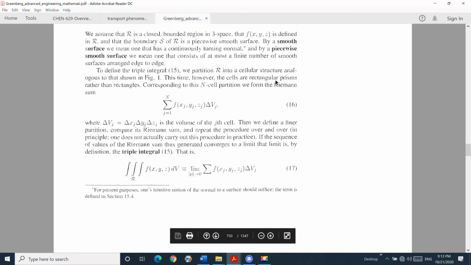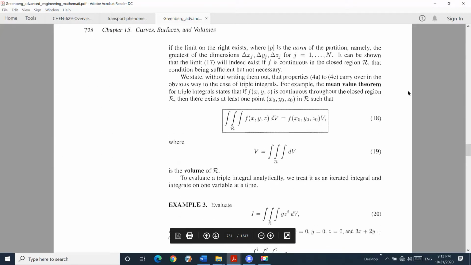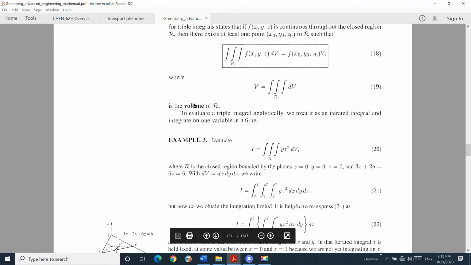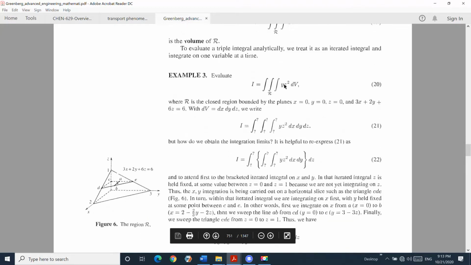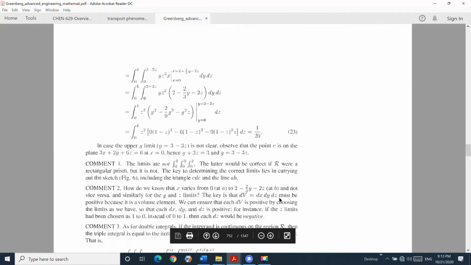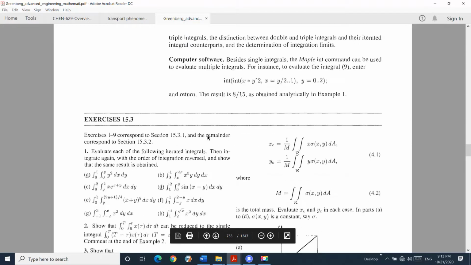With the application of the mean value theorem to the triple integral in R, we obtain the volume of R by this formula, and this is the example of the triple integrals. So this is the exercise part.